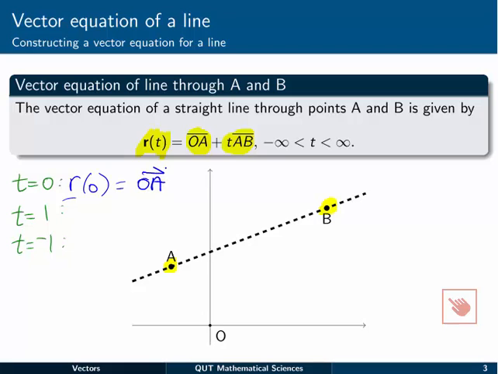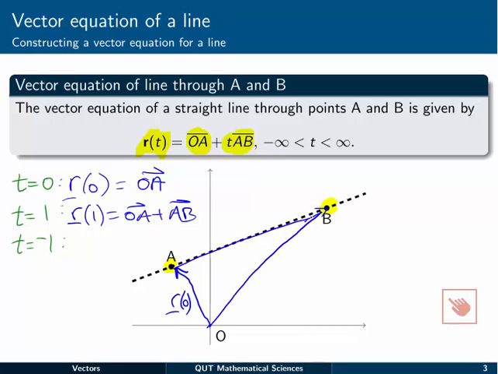So we have just the position vector of A. In other words, r points directly at A. When t is 1, we have OA plus 1 times AB. So r of 1 is OA plus AB. In other words, O to A and then A to B. So our r of 1 vector points in this direction.